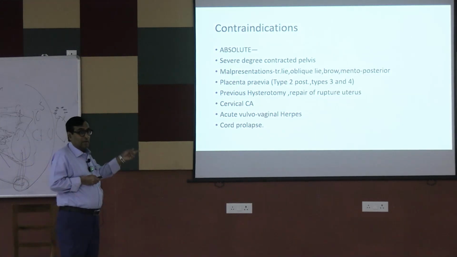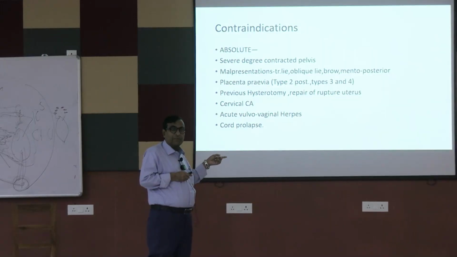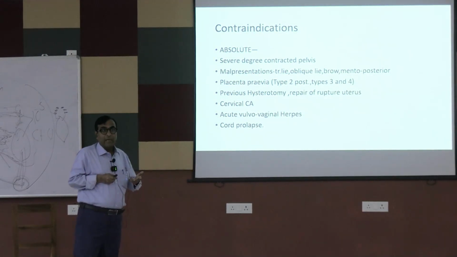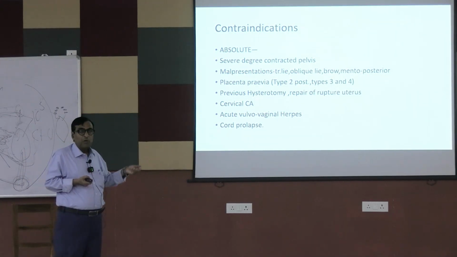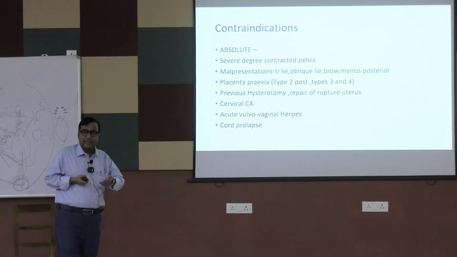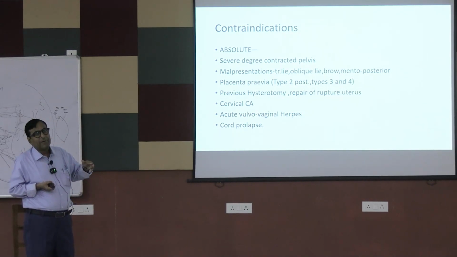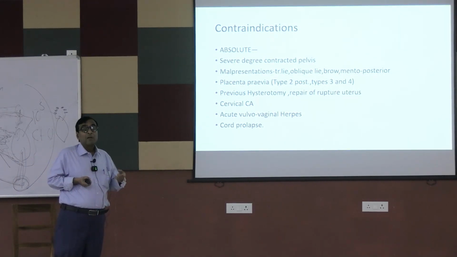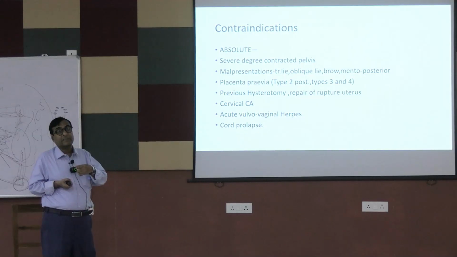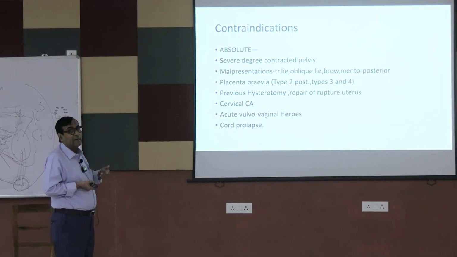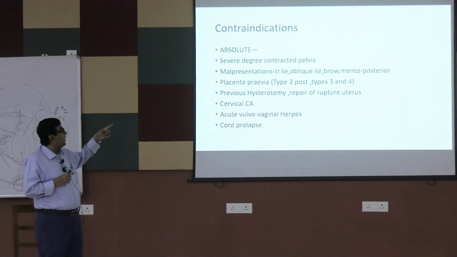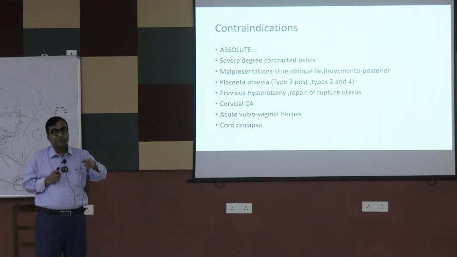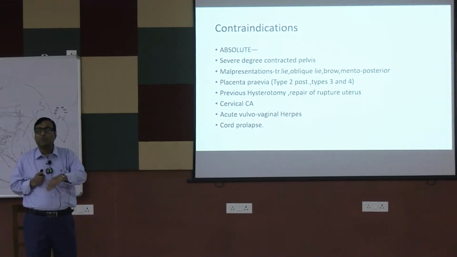Placenta previa. In pregnancy-related complications we said APH is an indication for induction of labor. APH means both placenta previa and accidental hemorrhage by abruptio placentae. In all cases of abruptio placentae, you can go for induction of labor. But in placenta previa, we usually do not go for induction. Some prefer to go for induction only in type 1 and type 2 anterior. These are the various types of placenta previa, type 1, 2, 3, 4, according to the degree of encroachment of the lower segment.